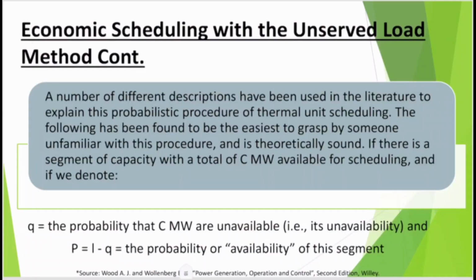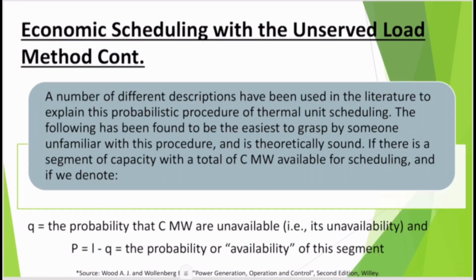The following has been found to be the easiest to grasp by someone unfamiliar with this procedure and is theoretically sound. If there is a segment of capacity with a total of C megawatt available for scheduling, and we denote by Q the probability that C megawatt are unavailable, that is unavailability, and P, which is 1 minus Q, the probability of availability of this segment.